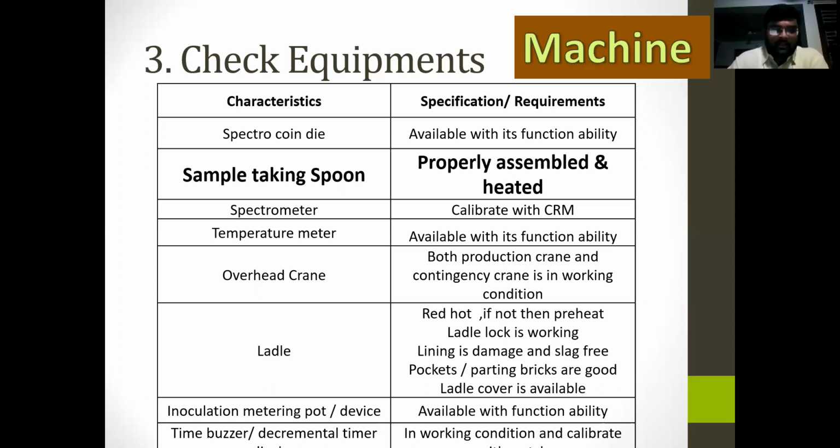Then the inoculating metering pot or device, if you are using the spoon metering pot specifically, or volume type machines, should be available with functionality and also cross checked. Then the time buzzer or decremental timer that we are using for pouring time, to get the total pouring within 7 minutes, should be in working condition and calibrated by the regular hand watch, or we can say the mobile watch, before the shift.